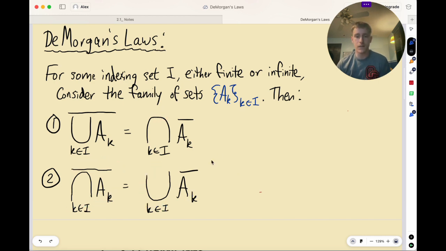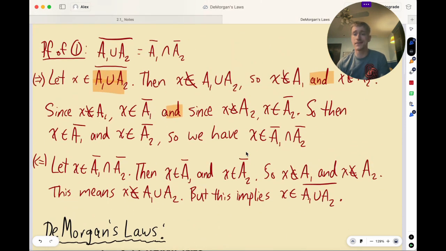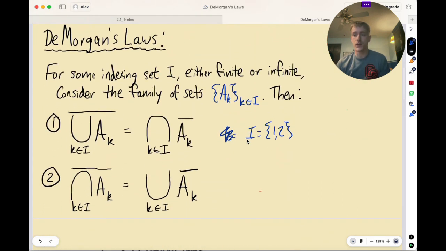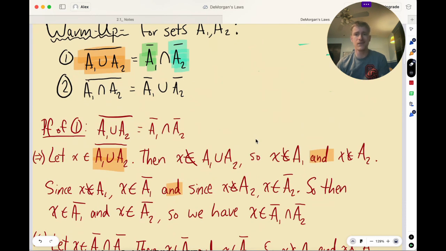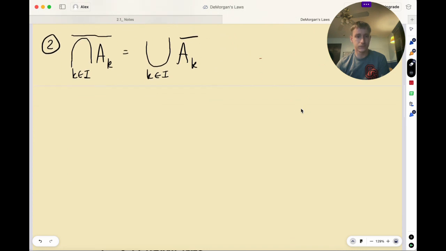Note that for I equal to the set {1, 2}, this reduces back to what we had above, because then we're just talking about sets A1 and A2. This is a really powerful generalization, so I'm going to go ahead and prove number 2, because it mirrors above what I didn't prove.